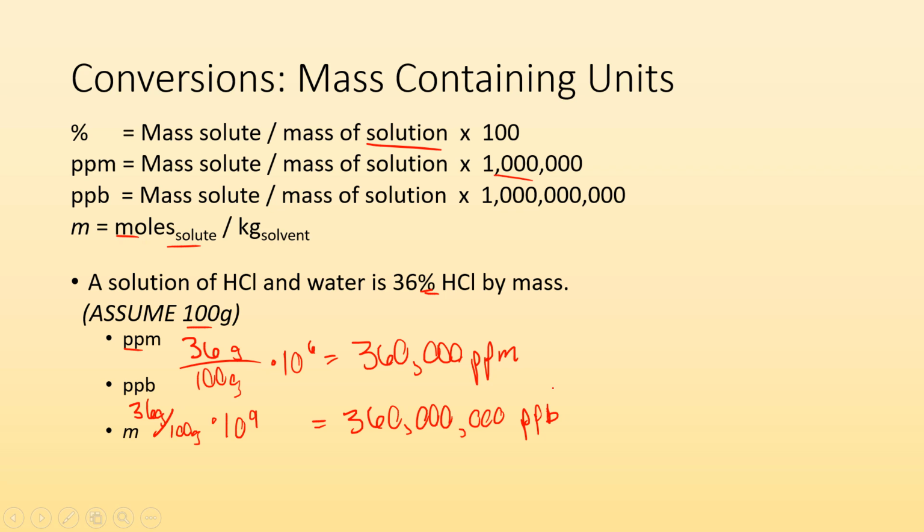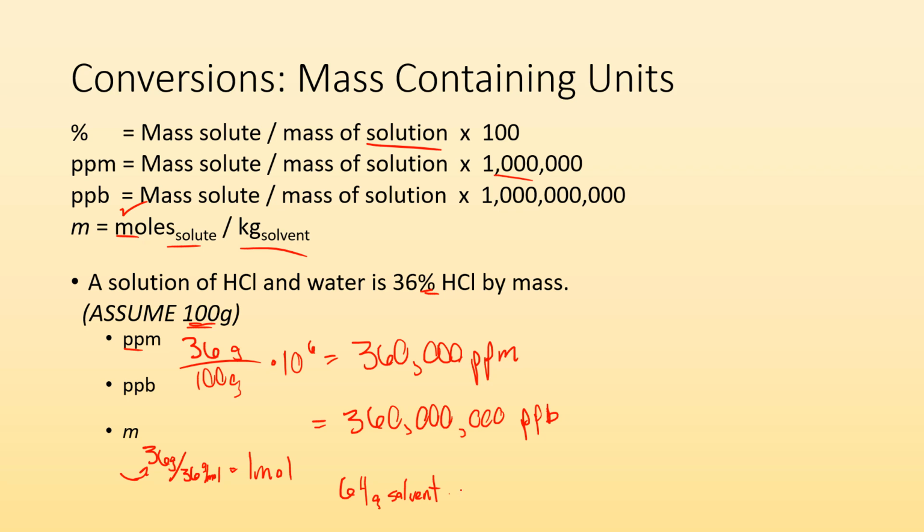Now, molality is going to be a little different, right? So molality is moles of solute per kilogram of solvent. Well, I know if I have 36 grams, I divide it by the GFM, which in this case is 36 grams per mole. I end up with 1 mole. So I've got my moles of solute. Now my kilograms of solvent, well, if I assumed 100 grams and 36 of it was HCl, I know I have 64 grams of my solvent.